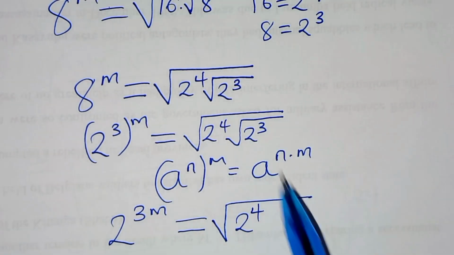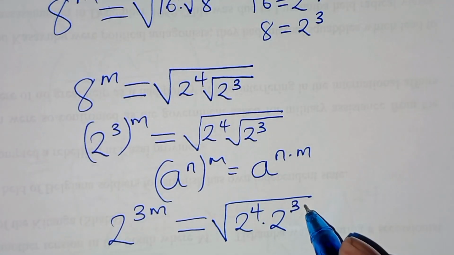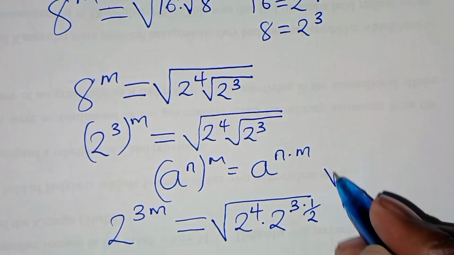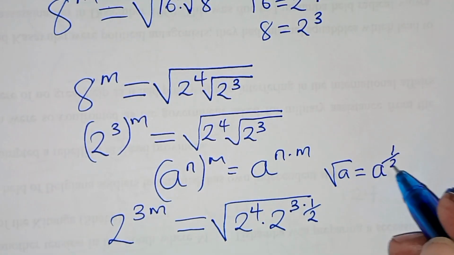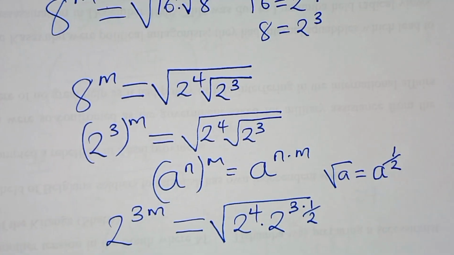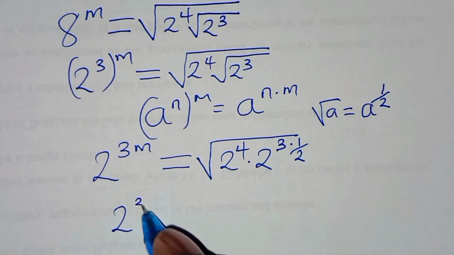We can express square root of 2 to the power 3 as 2 to the power 3 multiplied by a half. So if you have the square root of a, this is the same thing as a raised to the power a half. So you're applying this property.